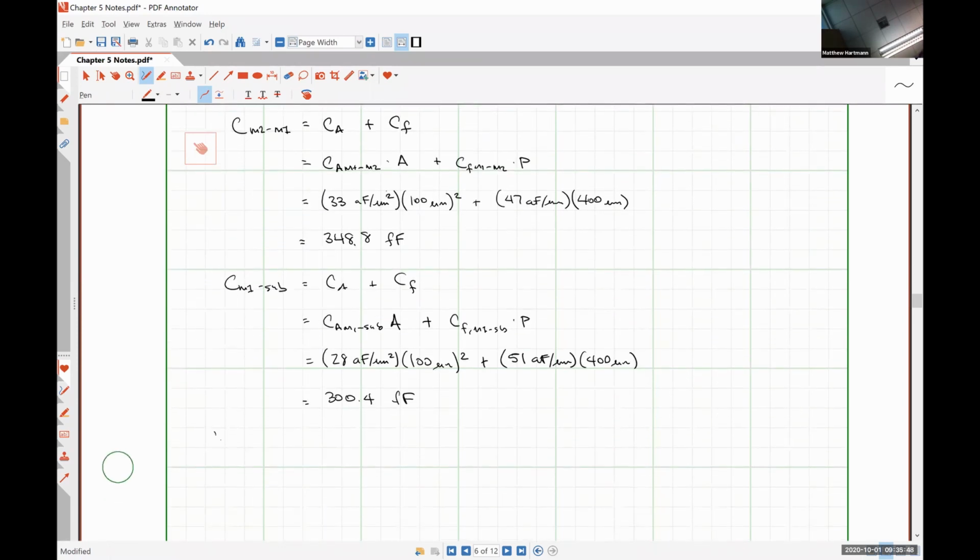So the parasitic capacitor is actually 86.12% as large as our desired capacitance, right? So that's fairly appreciable.